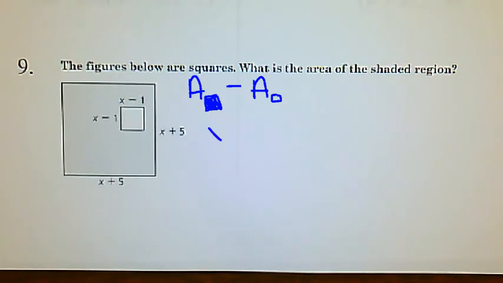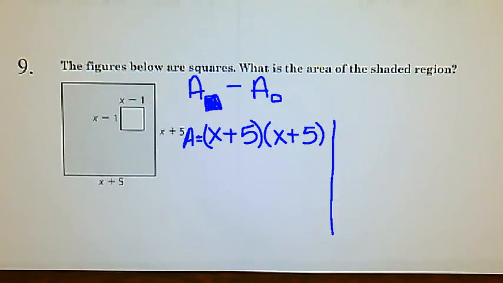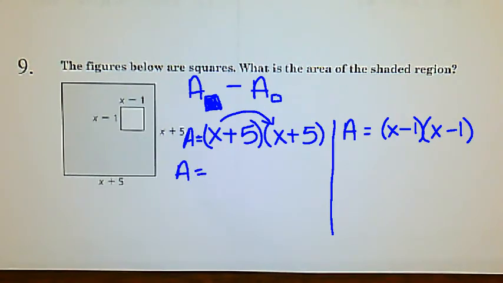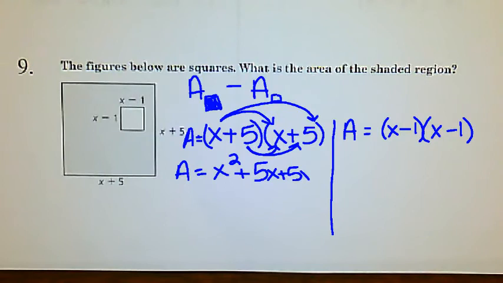Alright, so I'm going to get x plus 5 times x plus 5. So we'll do that on one side, and then we'll also do the area of x minus 1 times x minus 1. Okay, so first gets me x squared, 5x, 5x, and 25.